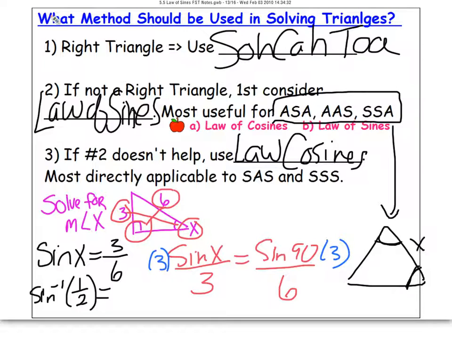What happens when you do that is the 3's go away, 3 divided by 6 becomes 1/2, and the sine of 90 is the number 1. So this simplifies to the sine of x equals 1/2, which is the same thing that we were just doing over here. So it doesn't matter if you do SOHCAHTOA or law of sines.